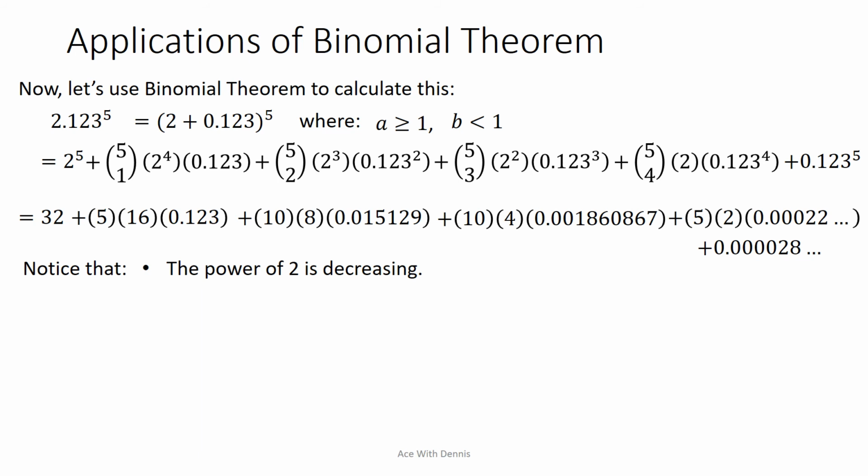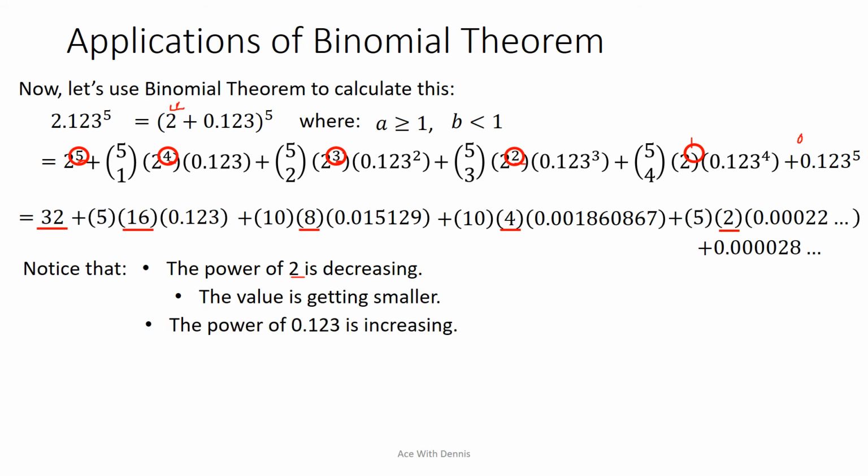Notice that the power of 2 is descending: 5, then 4, 3, 2, 1, and 0. The power of 2 is decreasing, so the value is getting smaller: 32, then 16, 8, 4, and 2.